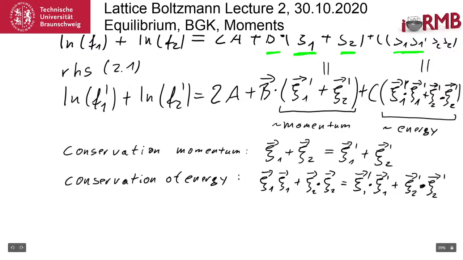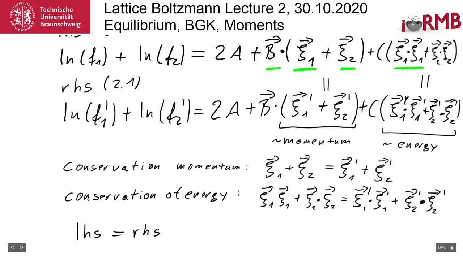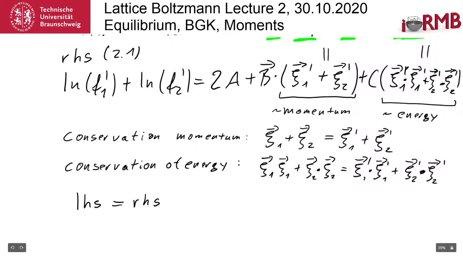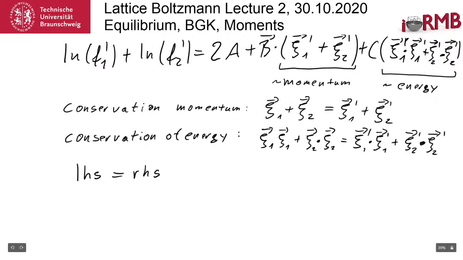So left-hand side and right-hand side are exactly equal due to conservation of momentum and to conservation of energy. And this proves that this ansatz that we had here is indeed the equilibrium function. So, and now we would write this in a different format, of course.